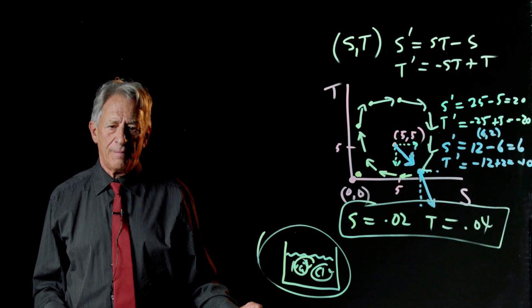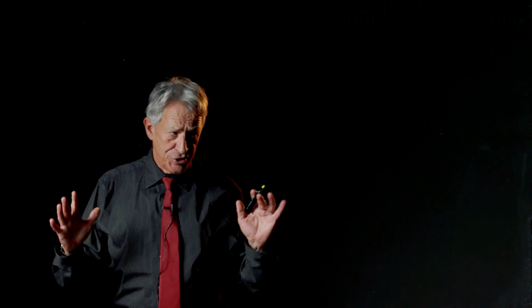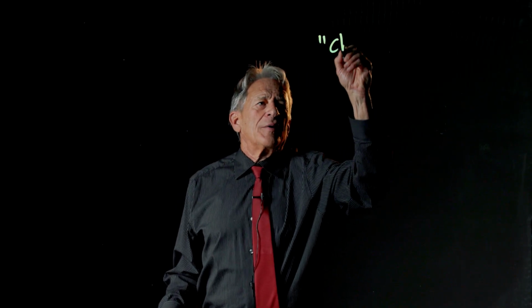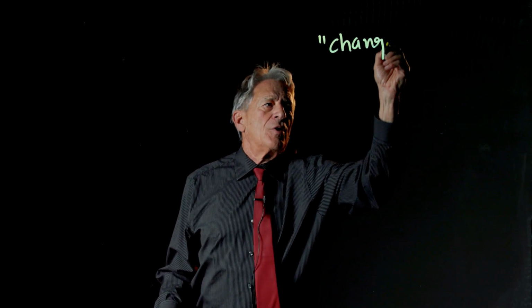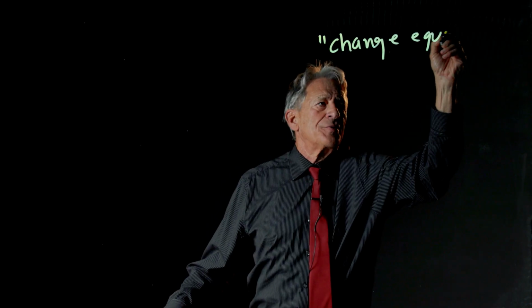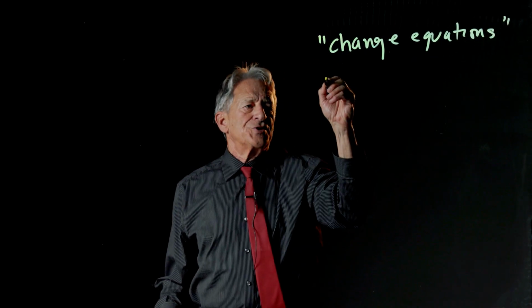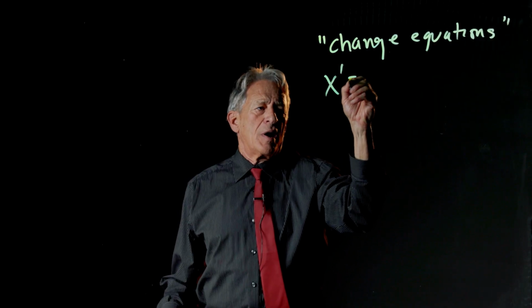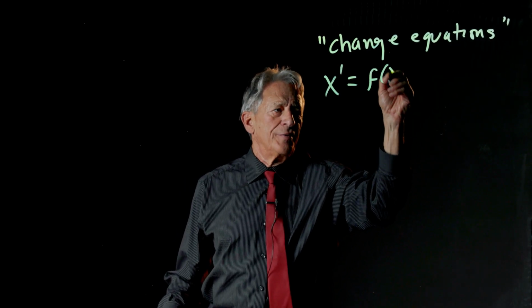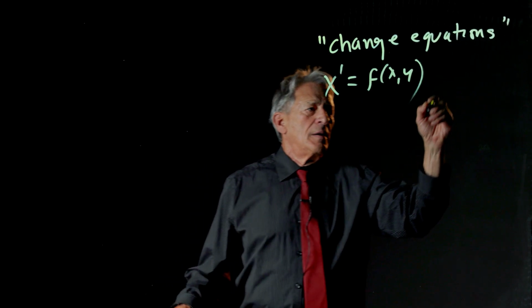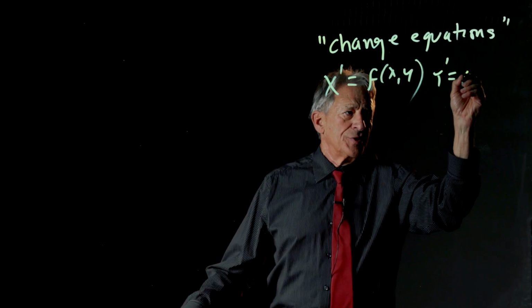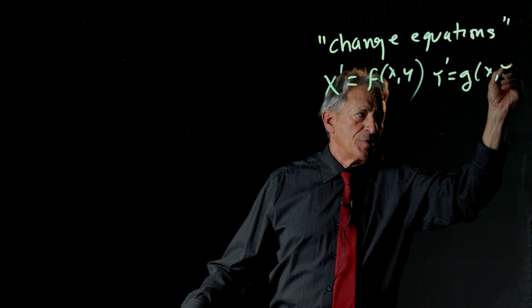Just to wrap this up and to give you some terminology to talk about this stuff, we've been talking about these things which we have been calling change equations. And the change equation is x prime equals some function of x and y, and the y change is some other function of x and y.